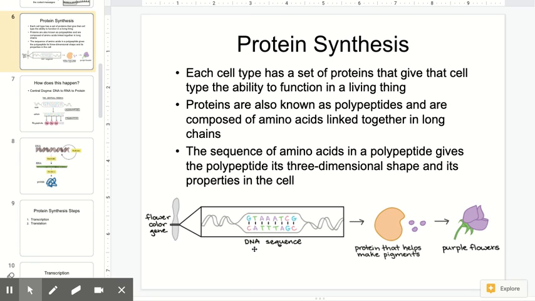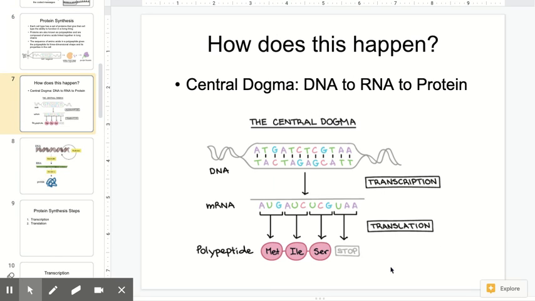And then that gene is expressed, which means through the process of protein synthesis, the expression of that gene is purple flowers. Okay, so keeping all that in mind, how does all this happen?